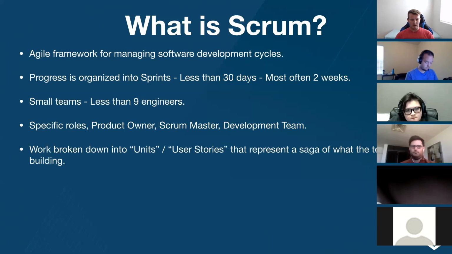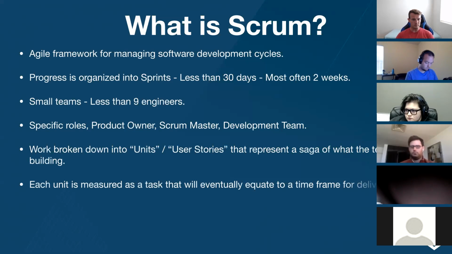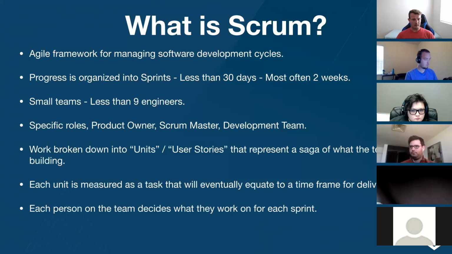Work is broken down into units or user stories that represent a saga of what the team is building. And then each unit is measured as a task that will eventually equate to a time frame for delivery. And each person on the team decides what they work on for each sprint. So if you think about your Trello boards, that kind of setup is often used within Scrum and Agile.